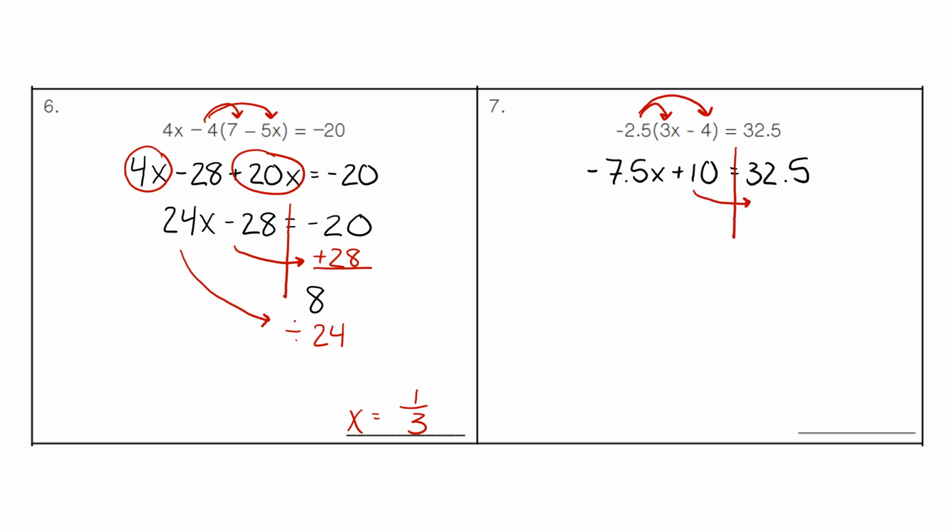So a +10 changes to a -10, which is an answer of 22.5. To move the 7.5 away from the variable x, we divide. 22.5 divided by the -7.5 gives us a final answer of -3.